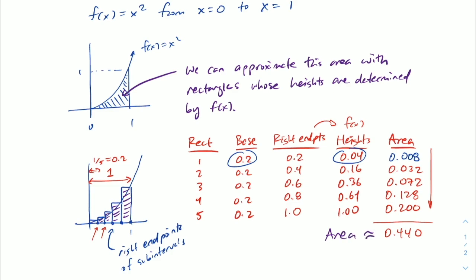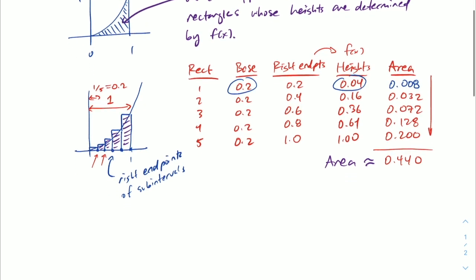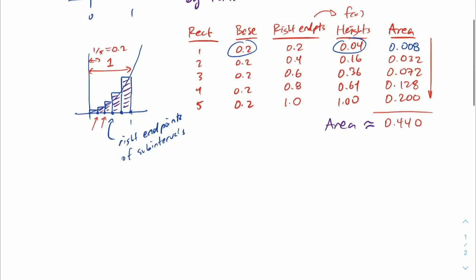Now you might say this is an overestimate, so what we should do is an underestimate, or something in between. So let me repeat this process, but instead of using the right endpoints, I'm going to use the left endpoints. We have our x squared function, we have 1, and now we're going to use the left endpoints, 1, 2, 3, 4, 5, to construct the rectangles.